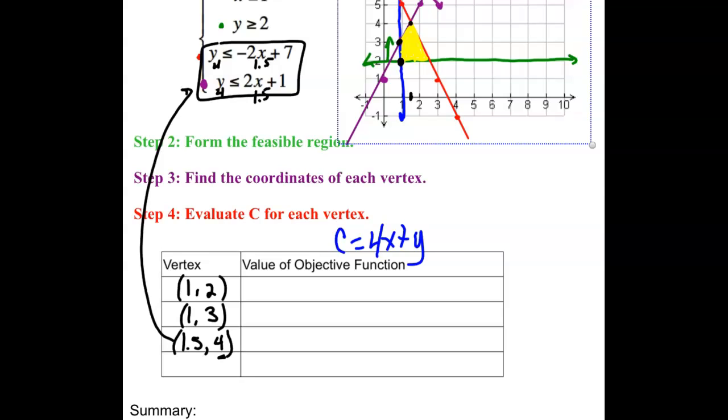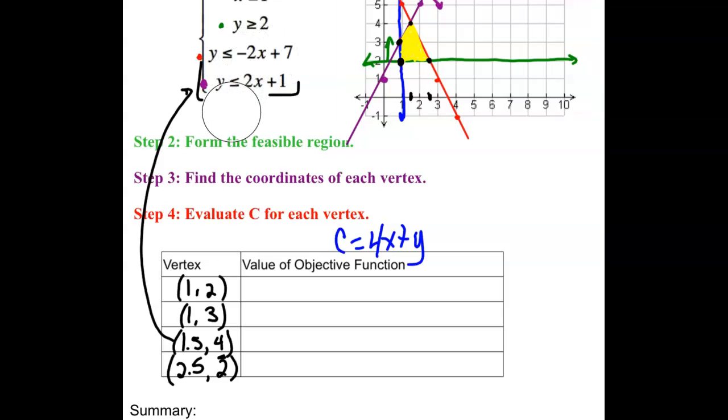We've found it correctly. This one here appears to have coordinates at about 2.5 for x and 2 for y. Again, let's look at which two inequalities are intersecting for that vertex, and it looks to be green and red. Now green we know has to be at 2 if it's on that line.